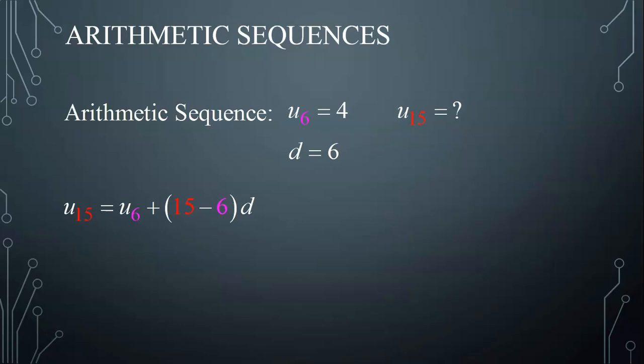So first, 15 minus 6 can be replaced by a 9. And then, since U6 is 4 and D, the common difference, is 6, by making the proper substitutions, we obtain U15 equals 4 plus 9 times 6, which is equal to 58. So I was able to find the 15th term of the arithmetic sequence by using the 6th term instead of the first.